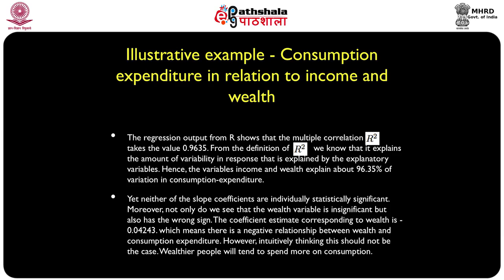Hence, consumption expenditure should have a positive correlation with wealth. However, the coefficient estimate corresponding to wealth in the R output is negative, -0.04243. Intuitively, this should not be the case.